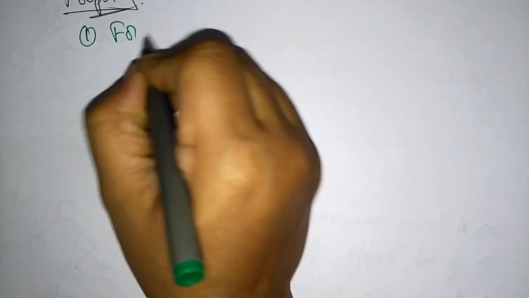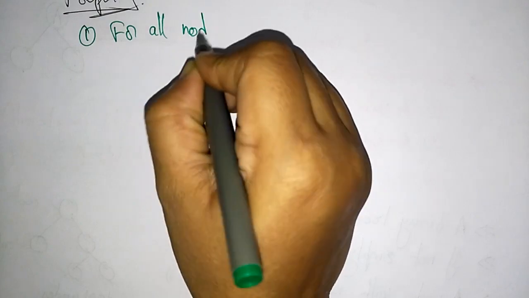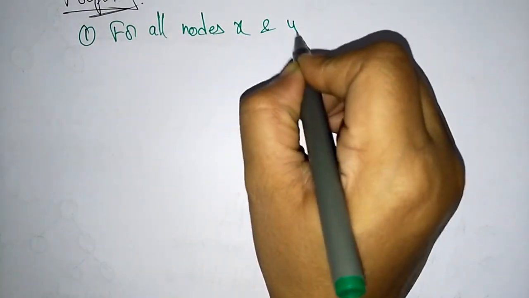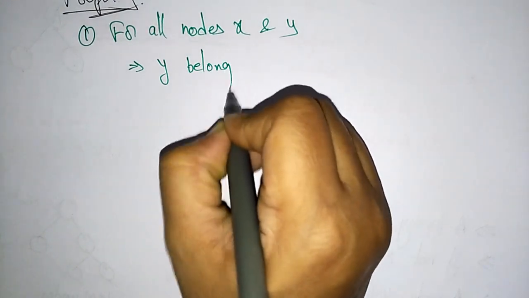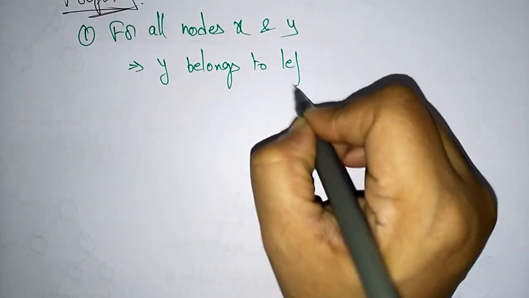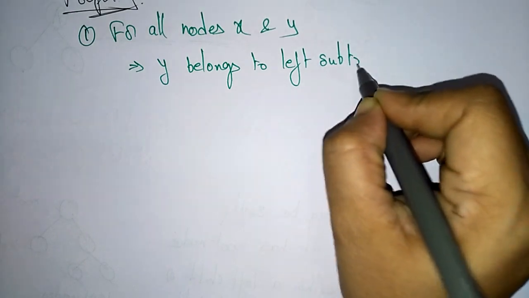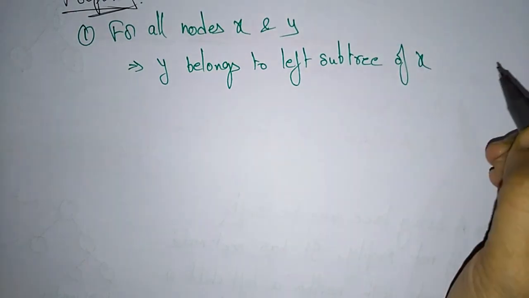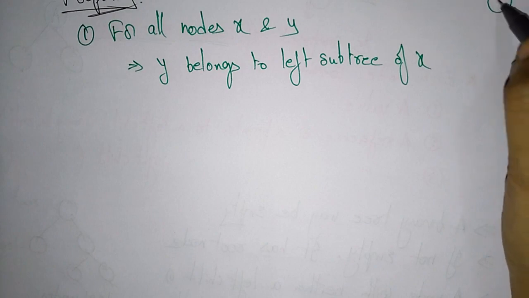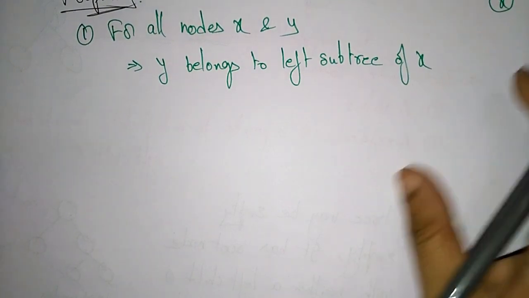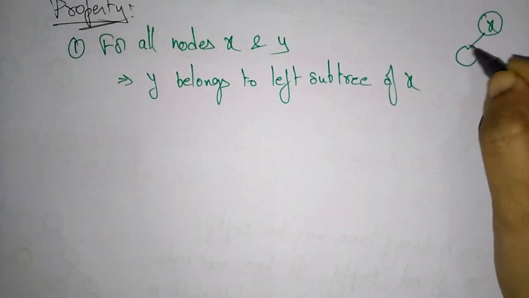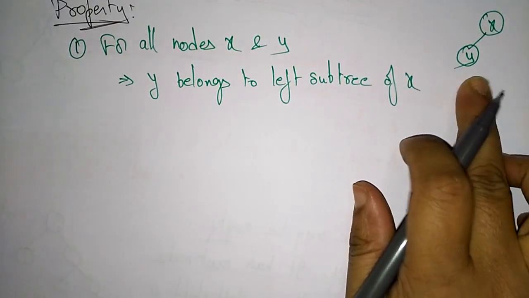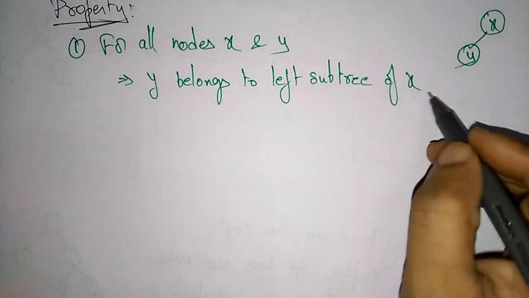First, for all nodes x and y. Suppose x is a node. Here, y belongs to the left subtree of x.